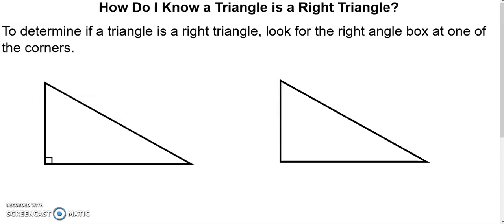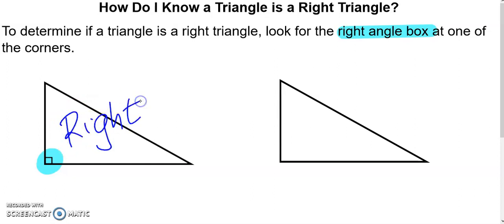Well, what we're going to look for is the right angle box. So the right angle box is this box right there. That means this first triangle, because of that right angle, is a right triangle.